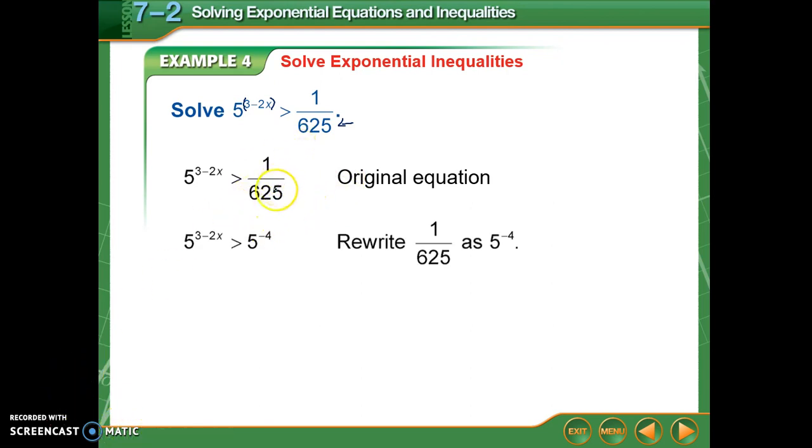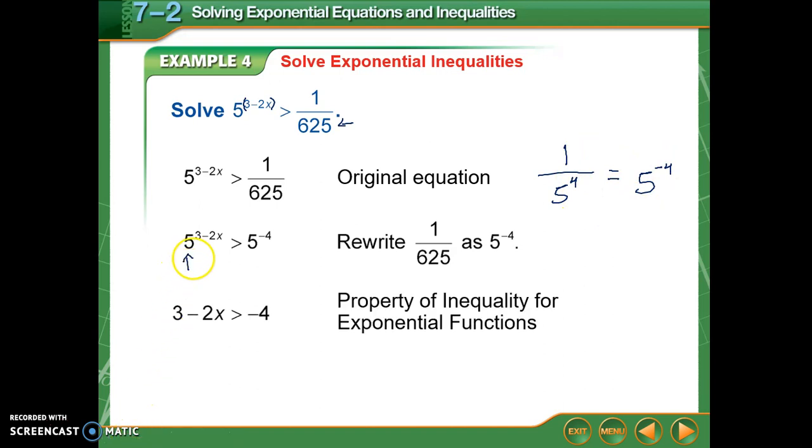And notice 1 over 625 they rewrote as 5 to the negative 4. Why? Because 625 is 5 to the 4th. So I really have 1 over 5 to the 4th. How can I rewrite that as 5 to the something? Well, remember that negative exponents mean reciprocals. So 1 over 5 to the 4th is the same as 5 to the negative 4.